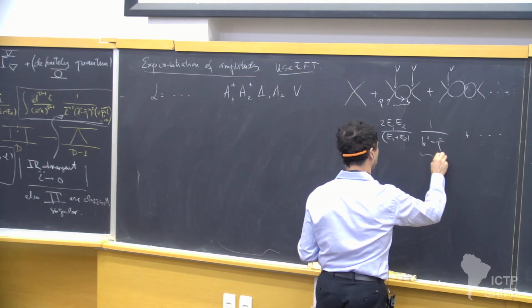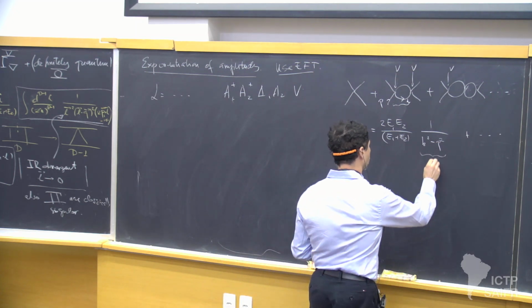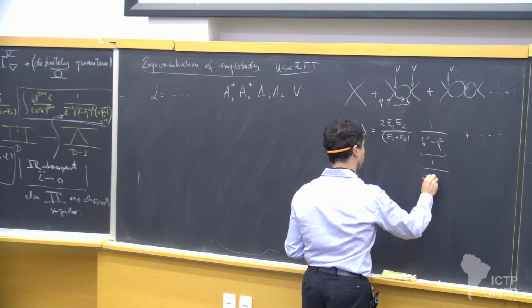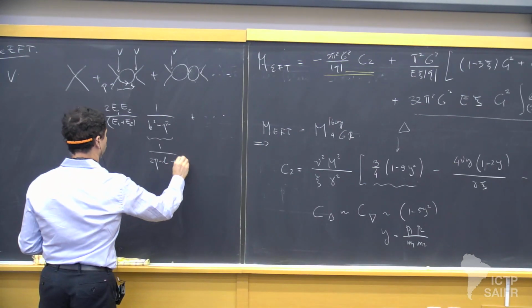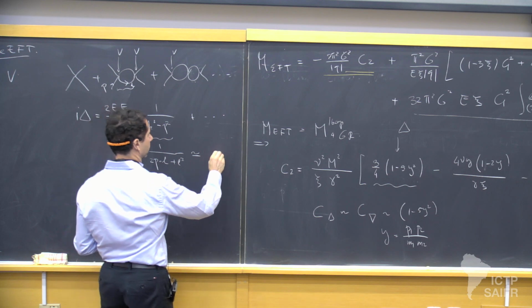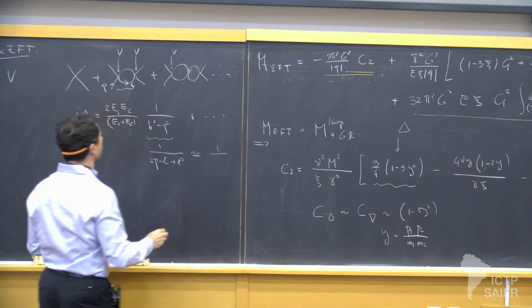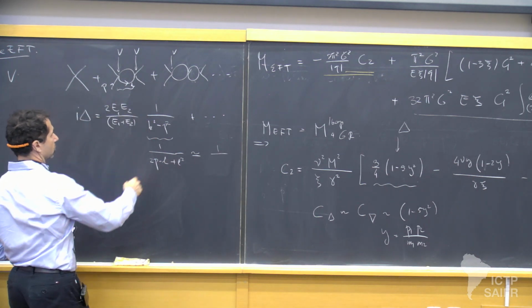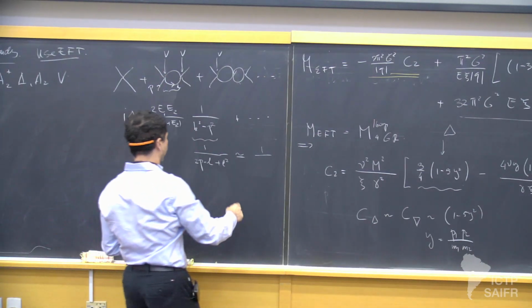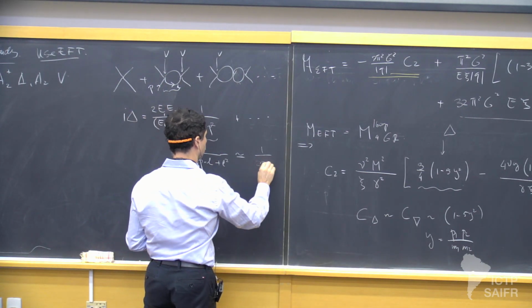So this term here looked very much like 1 over twice P dot L plus L square. So it was approximately equal to the precision that we cared for. And also because this thing collapses propagators buried in here, it was 2 P dot L.